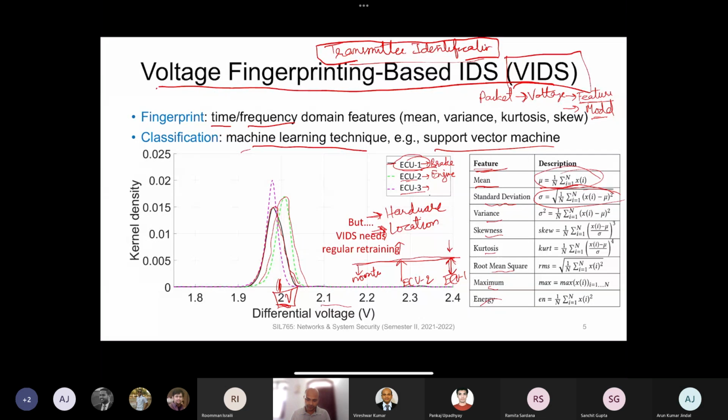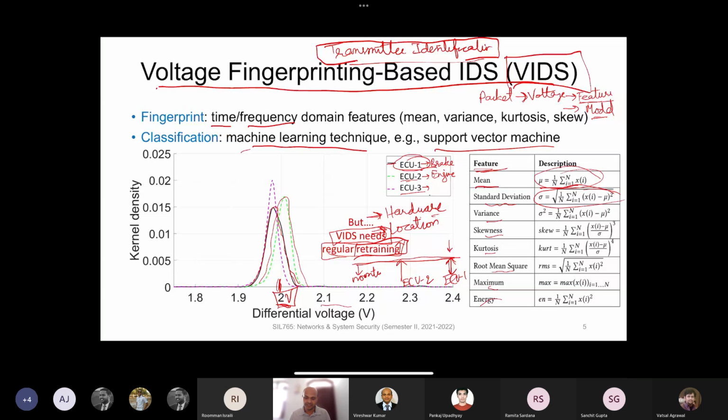Of course this WITS needs regular retraining. Without training, you cannot detect these senders, and it has to be retrained very often because these voltage features depend on many factors. As I said, hardware is one of them, and because of this dependence, these features also change over time.